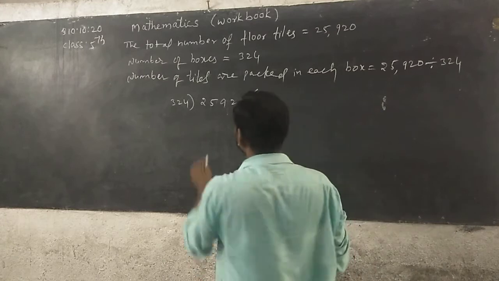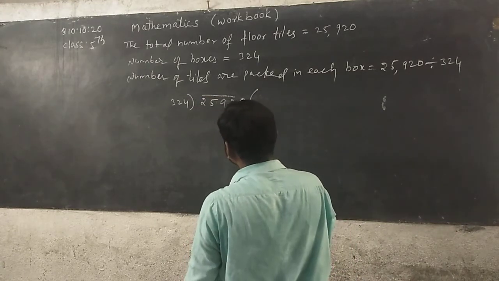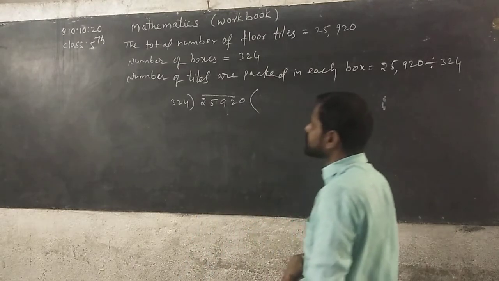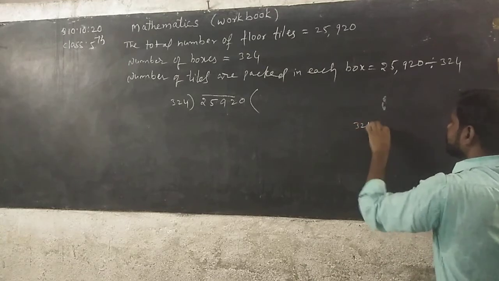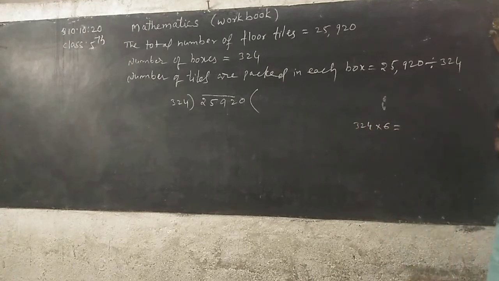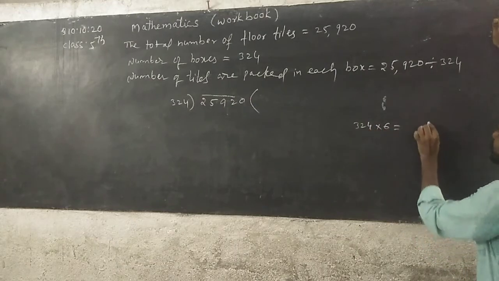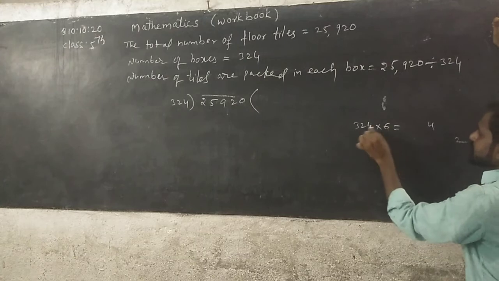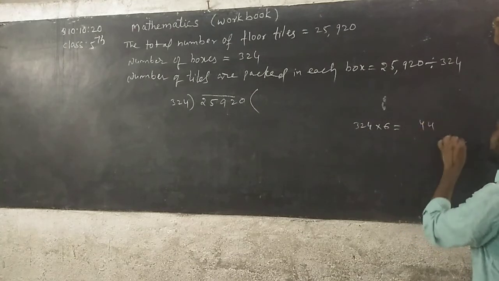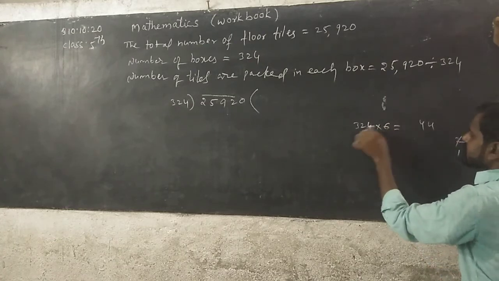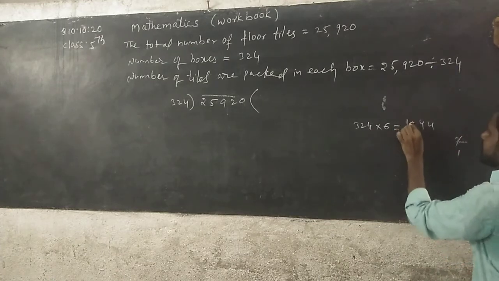So I have to take 4 digits from left to right, that is 2592. It is possible. I think 6 or 7. See here, 6 4s are 24, 4 taking, carrying 2. 6 2s are 12, 12 plus 2 is 14, 4 taking, carrying 1. 6 3s are 18, 18 plus 1 is 19.